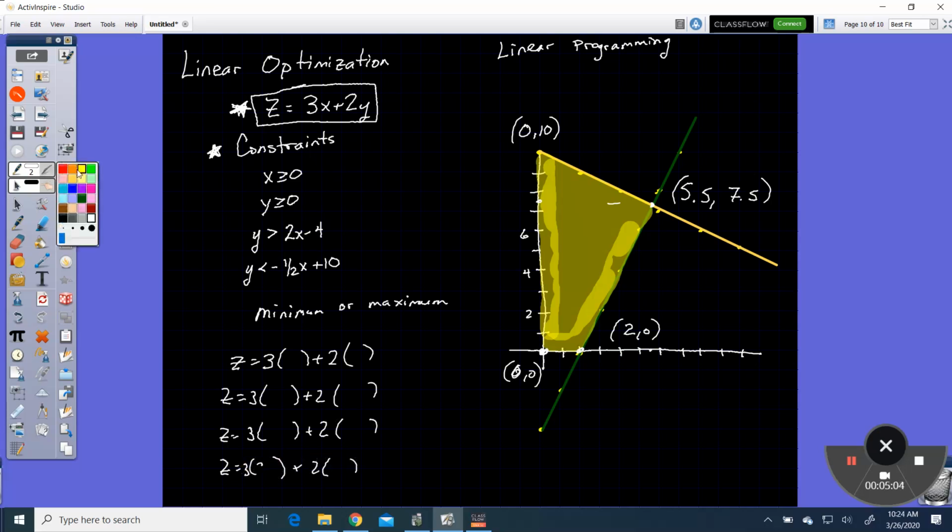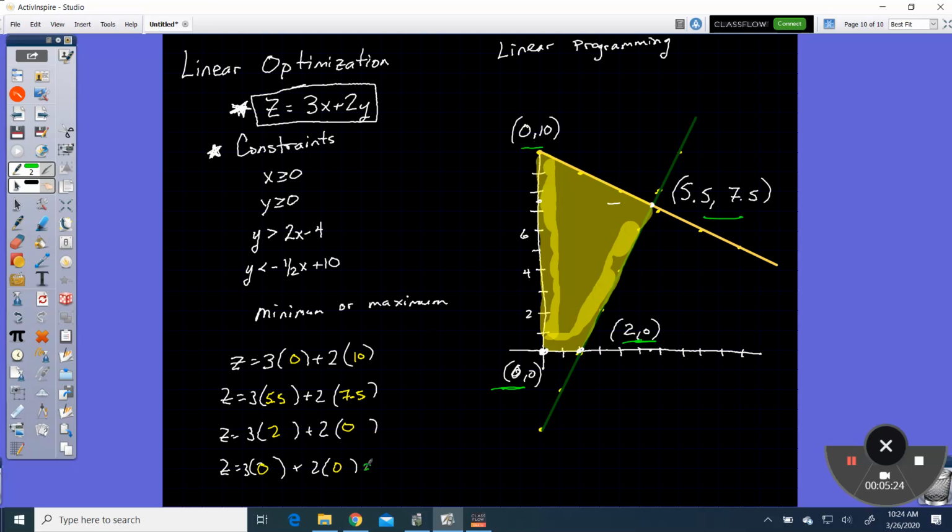So now I'm just going to pick these vertices: 0, 10, that goes in here; 5.5, 7.5; 2, 0; and 0, 0. So that's all four of these vertices that I've plugged in.